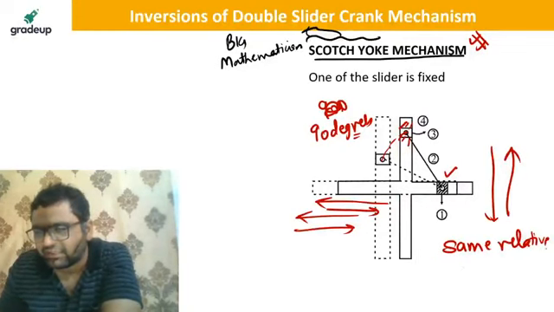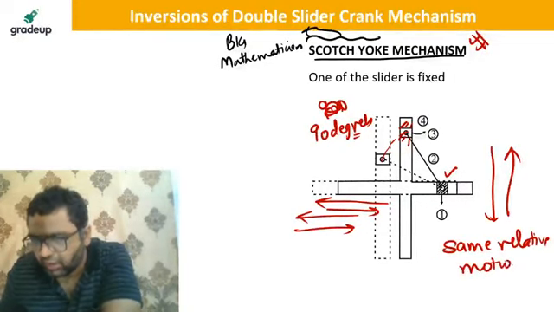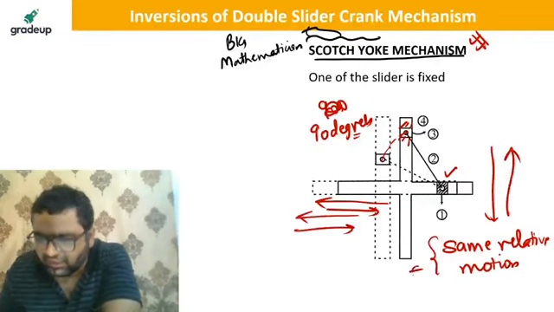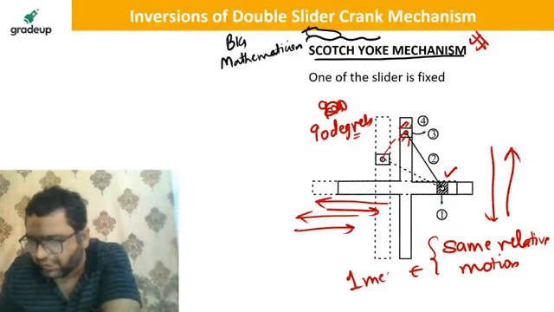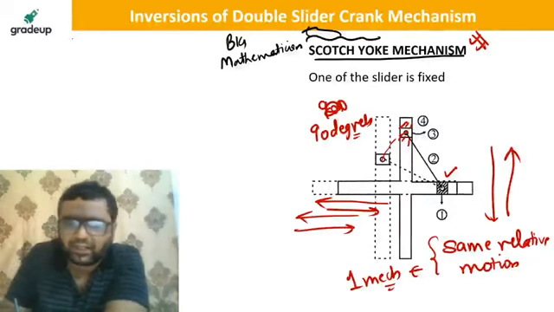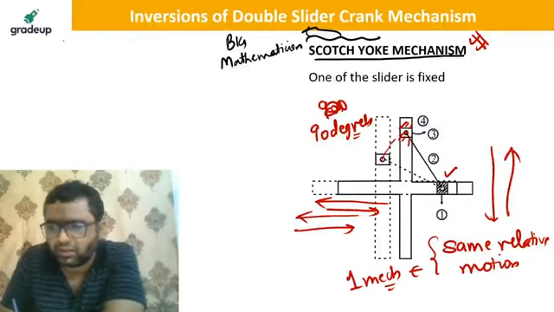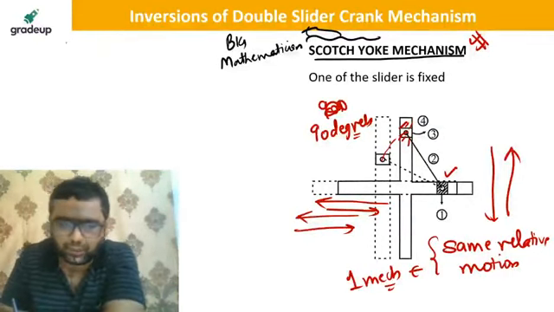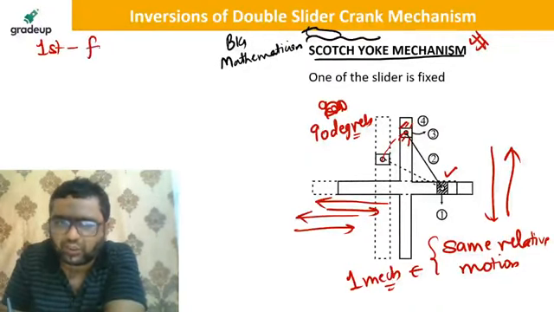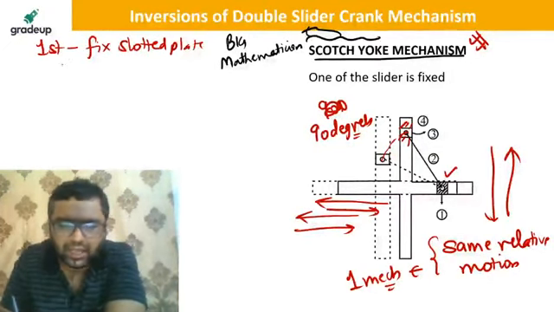And if they give the same relative motion, we will consider them as one mechanism only, not two. So once again, you will get one inversion less, because the first inversion you got by fixing the slotted plate. What was the name?